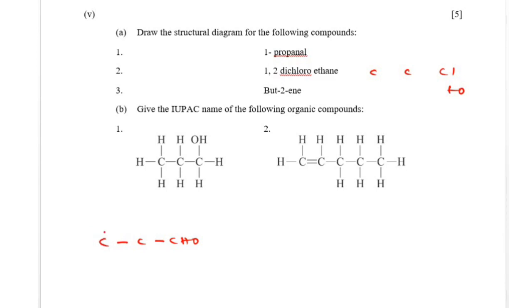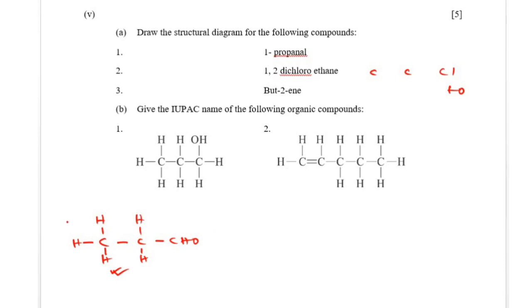Now carbon is tetravalent, so 4 bonds should be satisfied. There is H. That is propanal, an aldehyde.